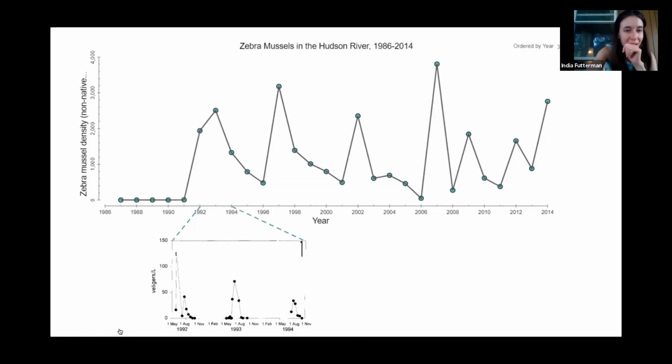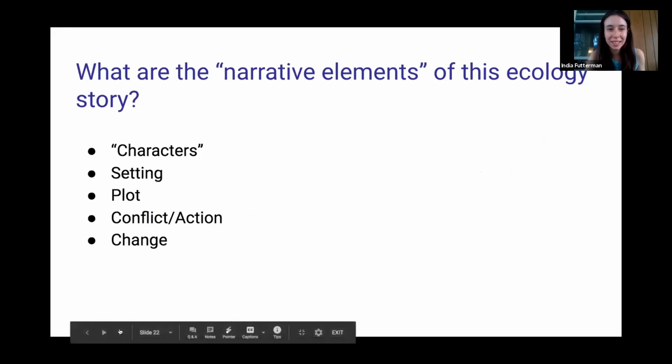We have a really steep line at 1991 to 92. That line gets a little less steep because the population is growing at a slower rate from 92 to 94. And then we have the crash, the Great Zebra Mussel Crash of 1994. If you go to the next slide, that would be great.